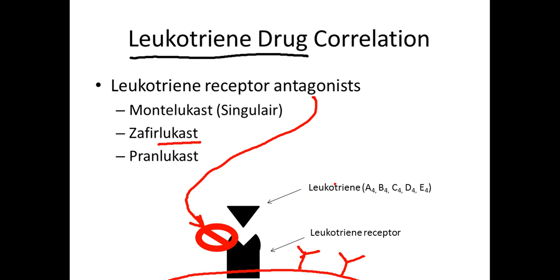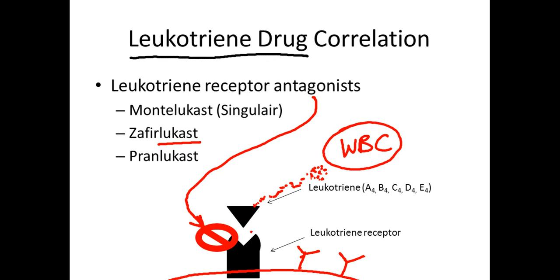So let's say we have a white blood cell here, shrunk way down to proportion. We have a white blood cell that comes along. It's going to activate its lipoxygenase enzymes. It's going to create our leukotrienes and release a whole bunch of leukotrienes, whether it's A4, B4, C, D, E, etc. So that's what this little triangle stands for, a leukotriene.